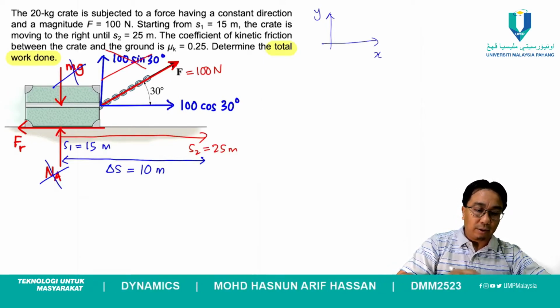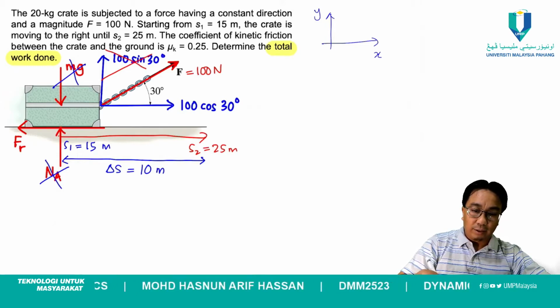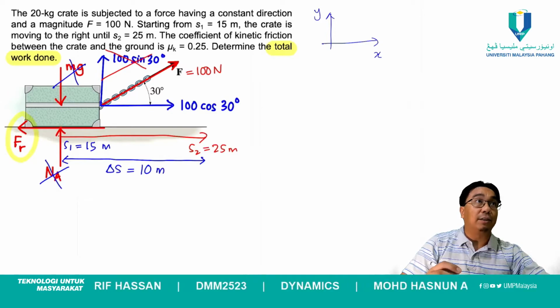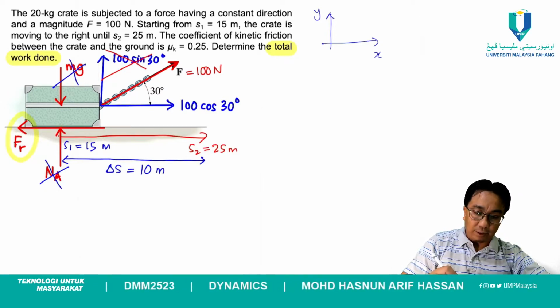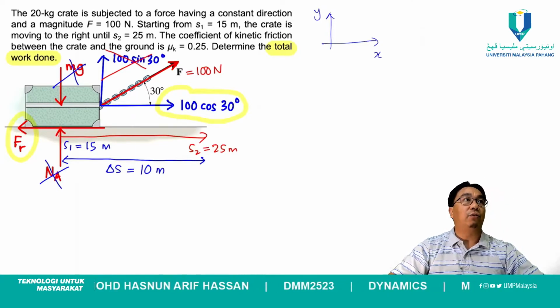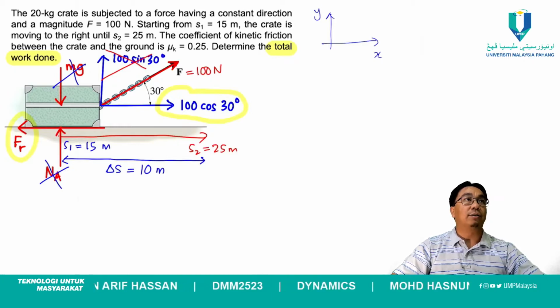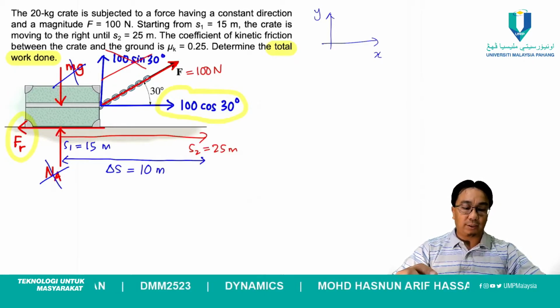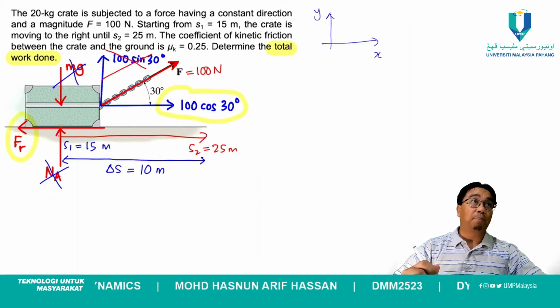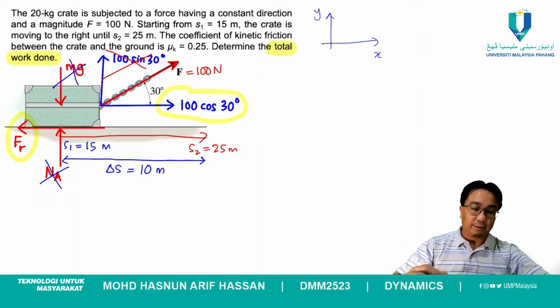So the forces that are doing work are only the friction and the x component of the 100 newton force, that is 100 cos 30. So only two forces are doing work, and the other three forces are not doing work in this case.